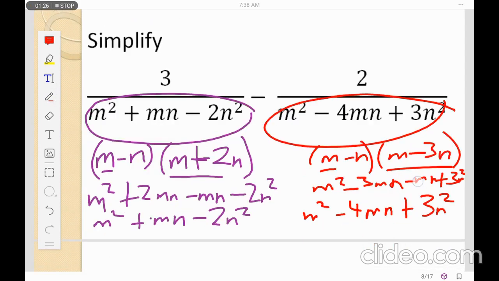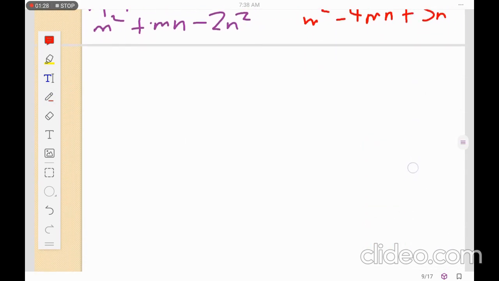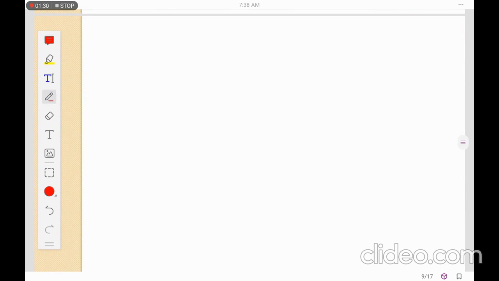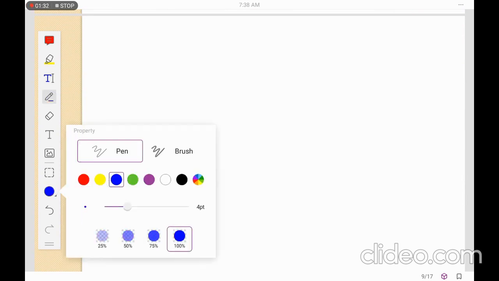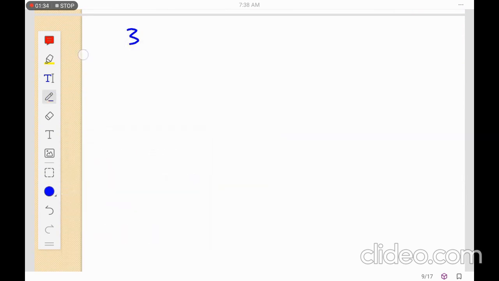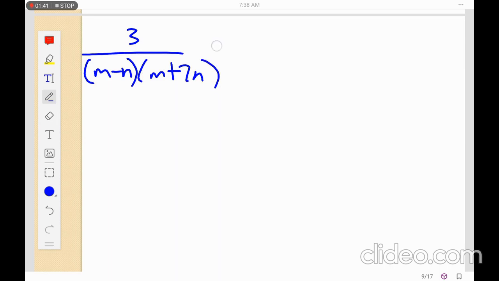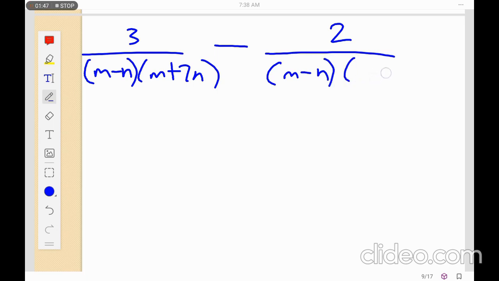Let's rewrite it using those factors. I'll have my expression as 3 over (m minus n)(m plus 2n), minus 2 over (m minus n)(m minus 3n). With this, I can now find the lowest common multiple of the denominators.